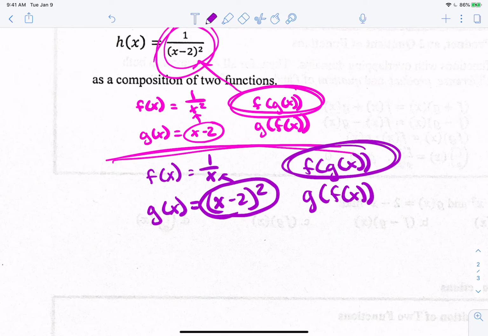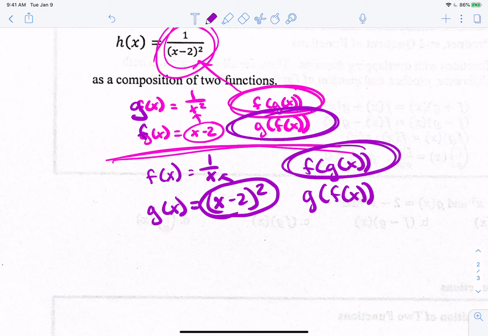So there are many different answers that you can get. This one had 2 different answers that you could use, and a lot of functions will have many different answers. If I switched them around, let's say this top one I called f of x and this one g of x, then it would be g composed of f of x.